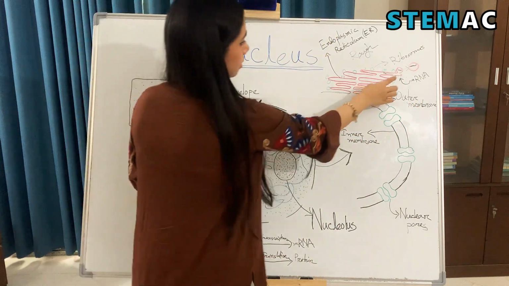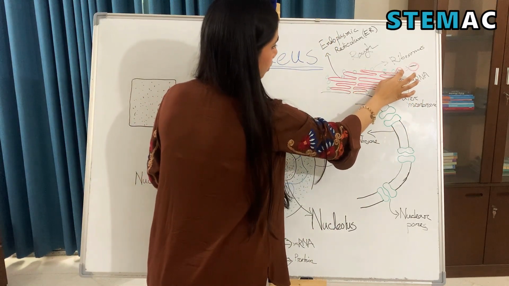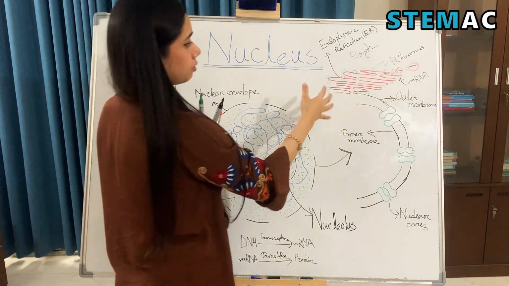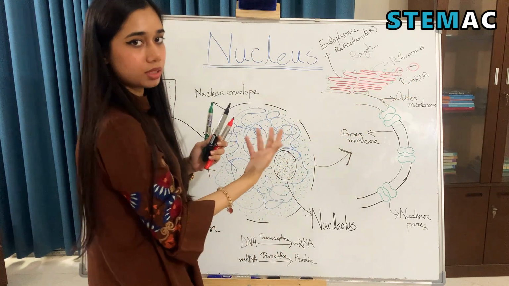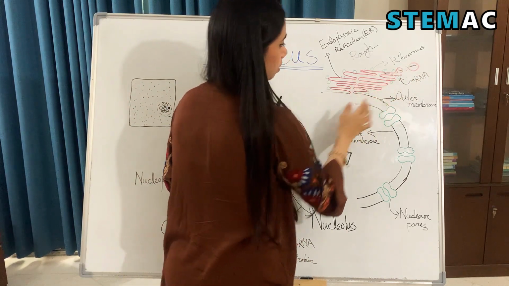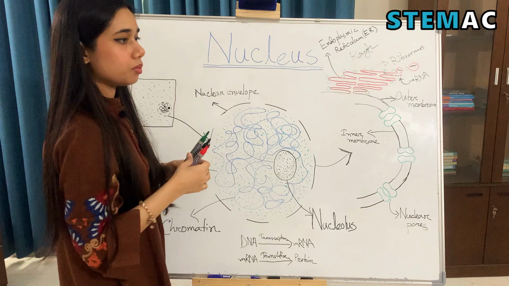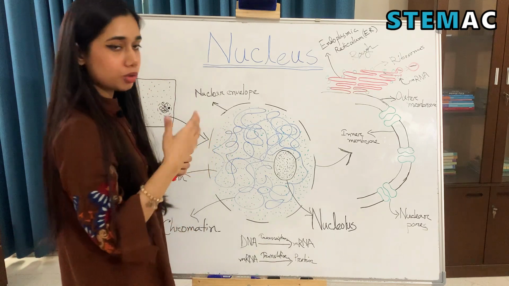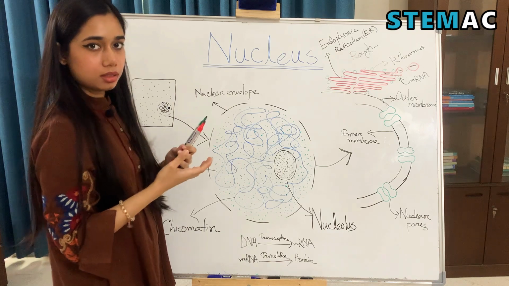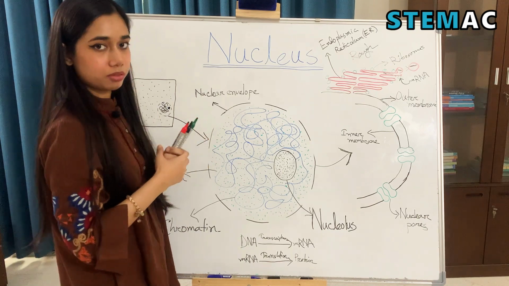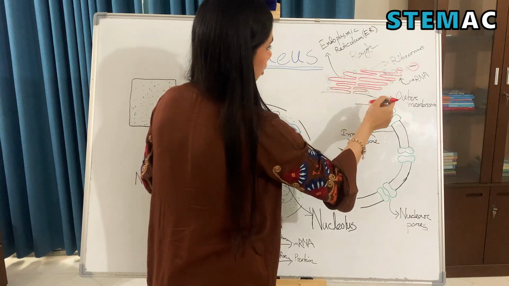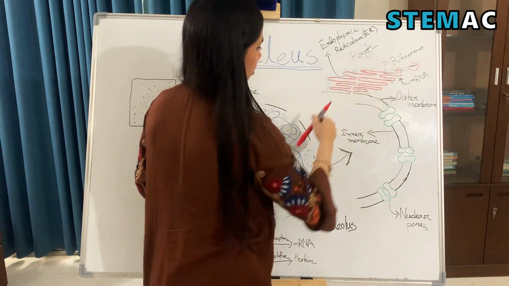So this is a vesicle, and within the vesicle there is the protein that has been formed from the modification of the mRNA, and this vesicle will be released from the endoplasmic reticulum. Then this vesicle with the protein within it will travel to the Golgi apparatus for further modification. So this is the function of the endoplasmic reticulum and ribosomes.